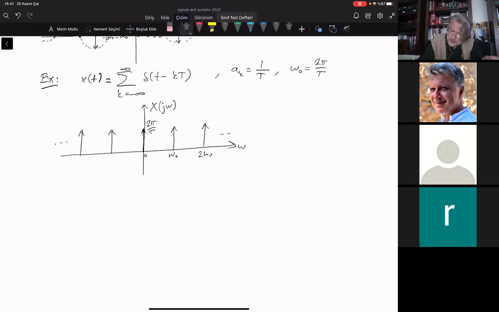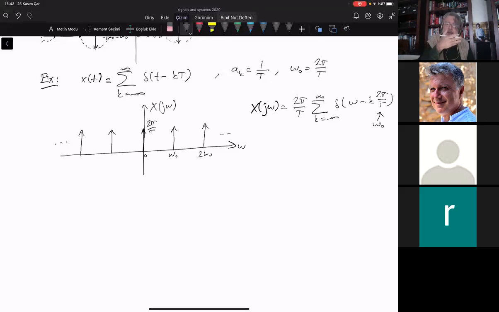We can write analytically what X of j omega is, and that is equal to 2 pi over capital T times the summation, again k from minus infinity to infinity, of delta of omega minus k times 2 pi over capital T, or k times omega 0, that is. This is omega 0 anyway.